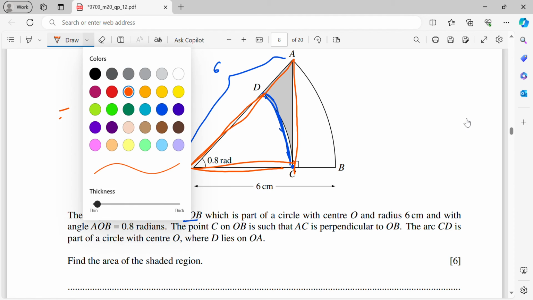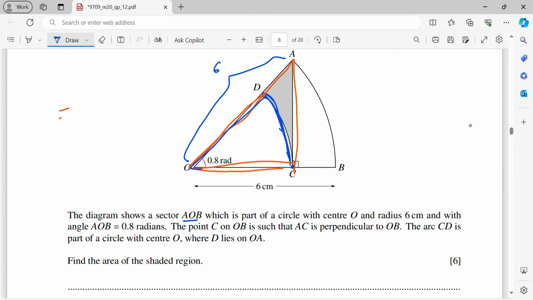Right, you minus this, then that will be the area of the shaded region. Now, to get the area of the shaded region, first of all we need to find the area of the triangle.